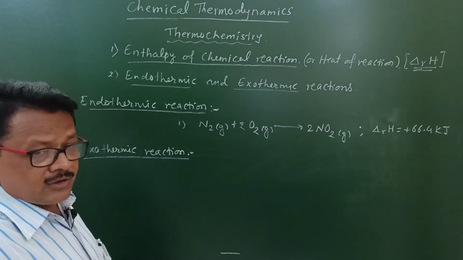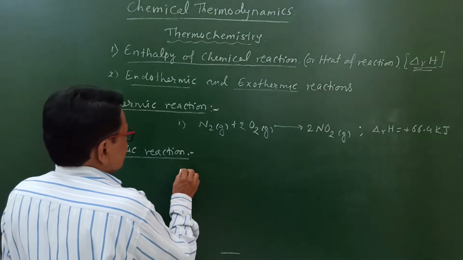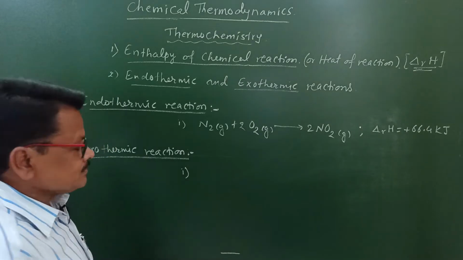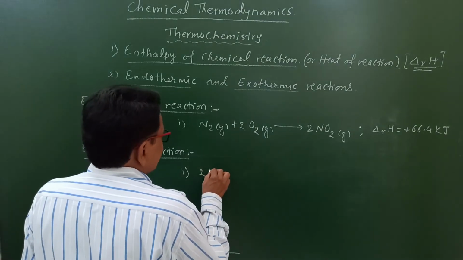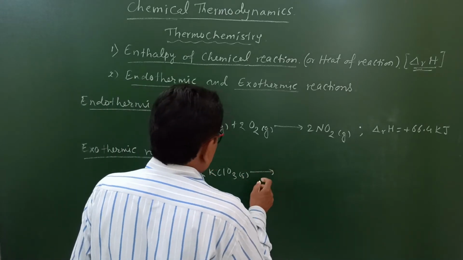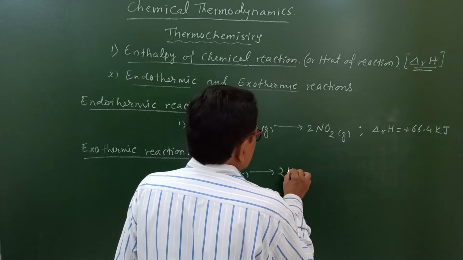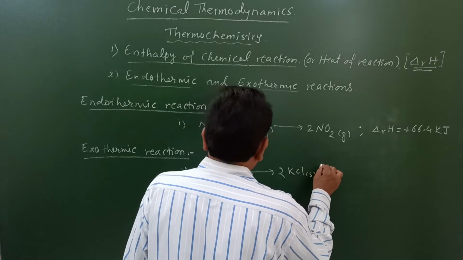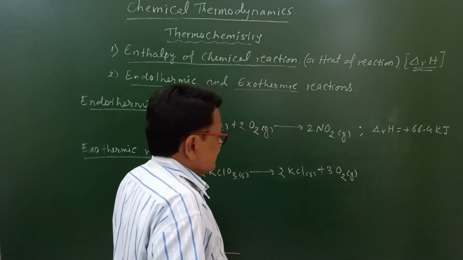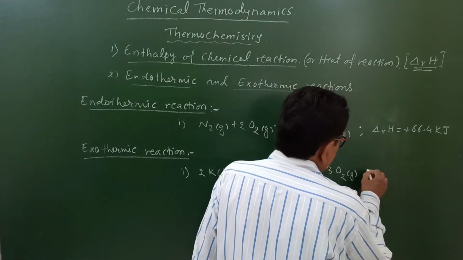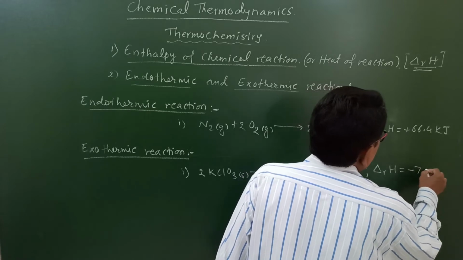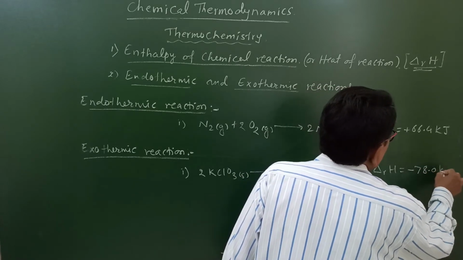We can consider an example of an exothermic chemical reaction: 2KClO3 solid, after its decomposition, gives 2KCl solid plus 3O2 gas. During this reaction, the heat evolved is minus 78.0 kilojoule.